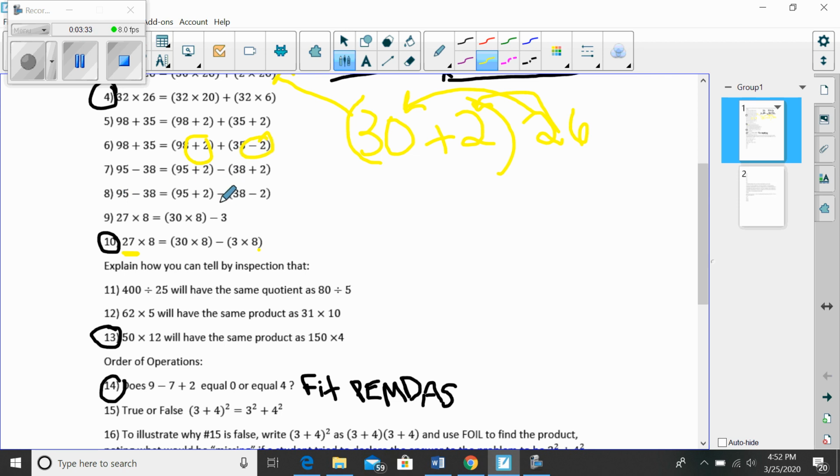Because clearly, if I were to distribute this negative here, like say I tried to say that 8 was true, if I distributed that negative, I would get 95 plus 2 minus 38, and then I would get plus 2, right? Obviously, I didn't just change the appearance. I have changed the value of the expression by adding 4. Okay, so this is an incorrect attempt to use the law of equal differences.